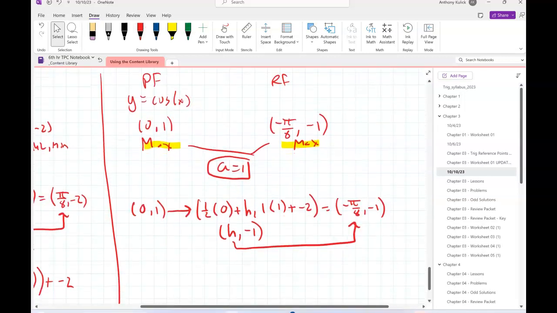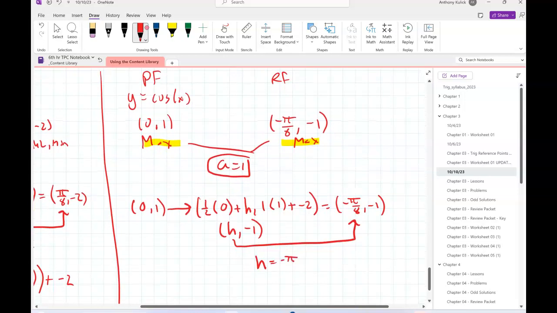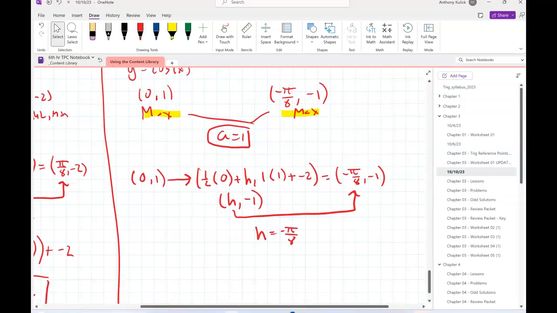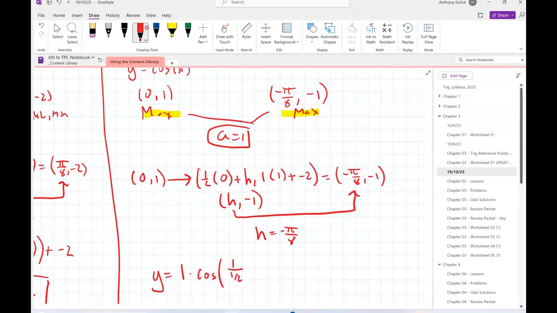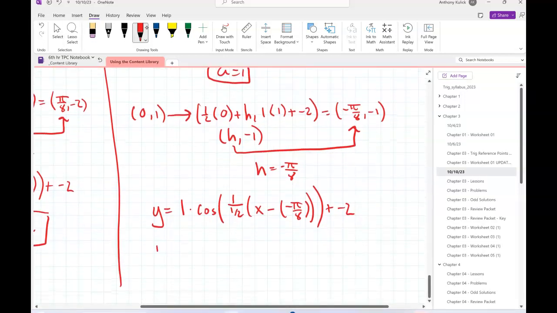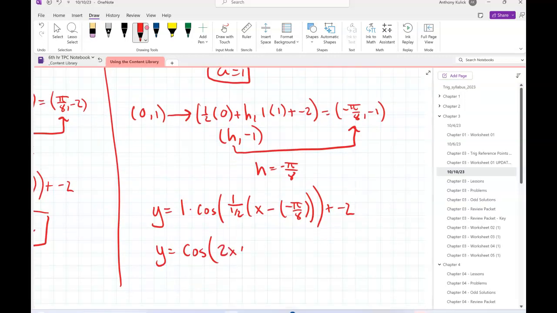So that tells me h is -pi/8. So y equals a times cosine of 1/c times x minus h, plus k, or if I simplify this all down, I have y equals cosine of 2x plus pi over 4, minus 2.